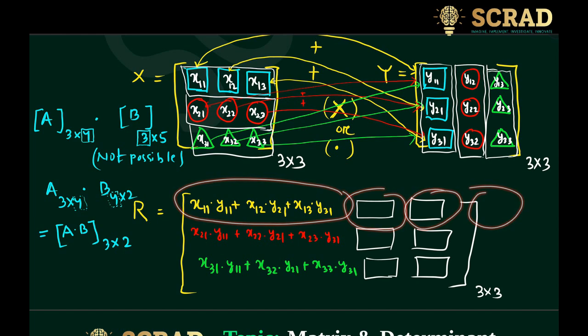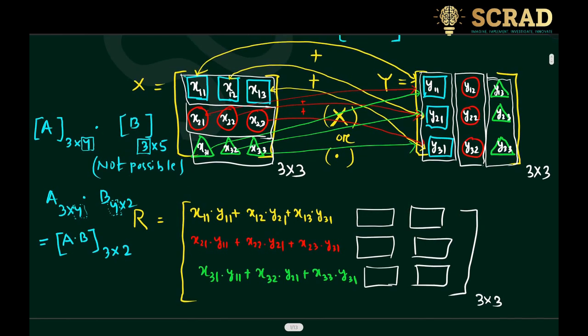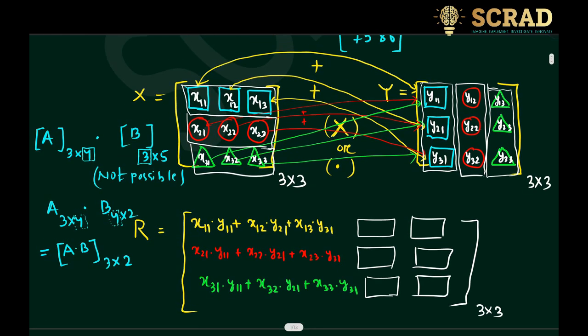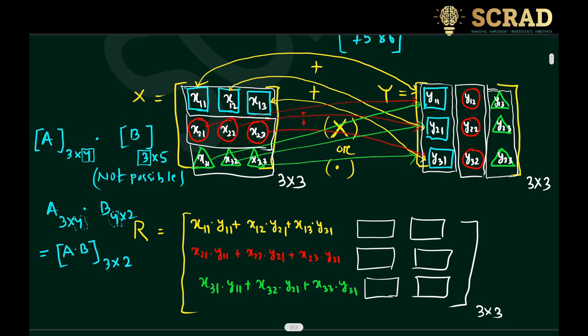From this matrix multiplication you might have observed this. So this is the fundamental behind finding the order or dimension of a resultant matrix, correct?